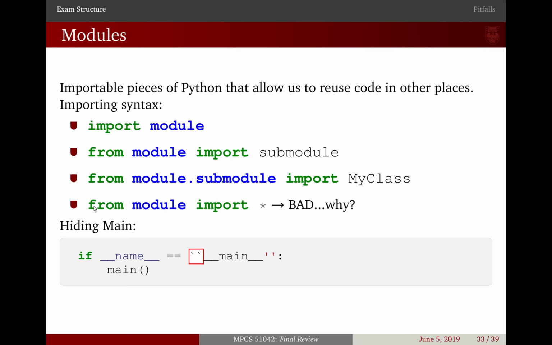It's a particular problem in the final syntax here, which is valid but discouraged, which is to say from module import everything, all the things. What comes with this is we no longer have to provide the module name in front of a specific object from that module. They just go into our global namespace.